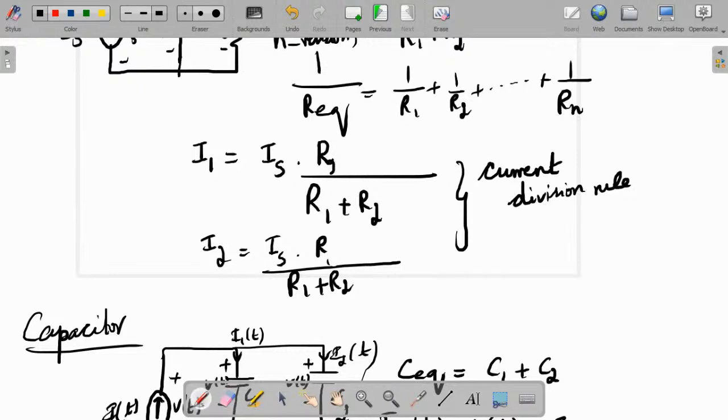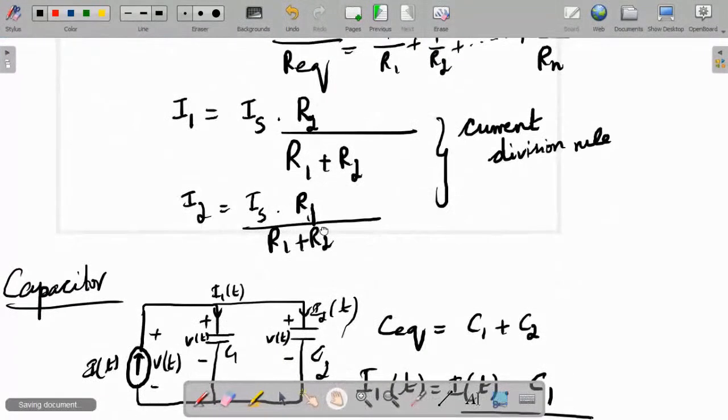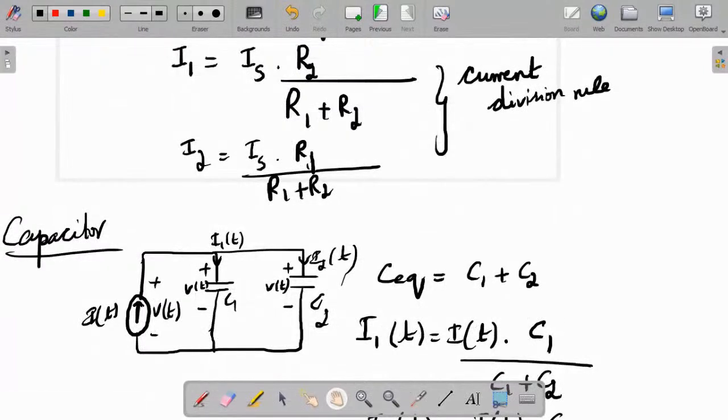Yes, this is R2, opposite resistance. Okay, the current through resistor R2 is the total current into the opposite resistance divided by the total resistance. Yes. Yes, thank you.